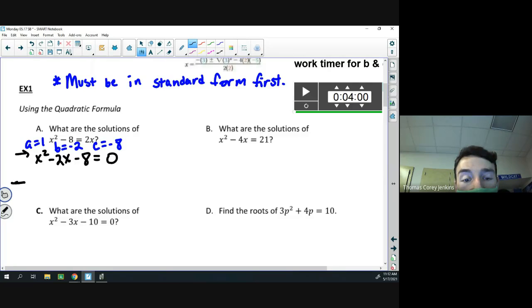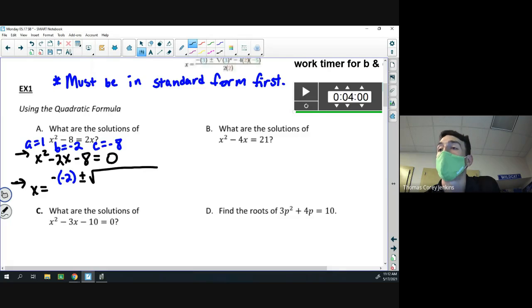So now that we know that, we're going to say x equals, and it's negative b, whatever b is. So b is negative 2, so I'm going to sub there. Plus or minus, long square root symbol, long radical sign. And then we have b squared. So b again is negative 2.